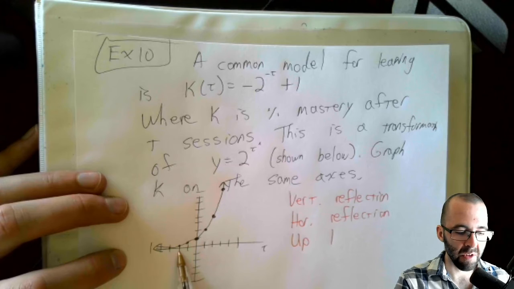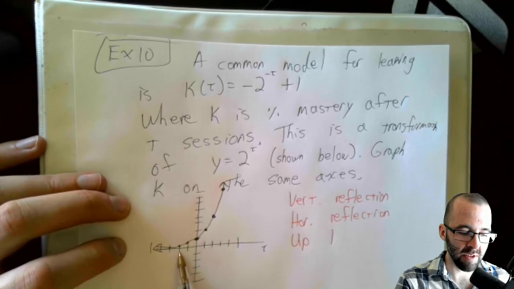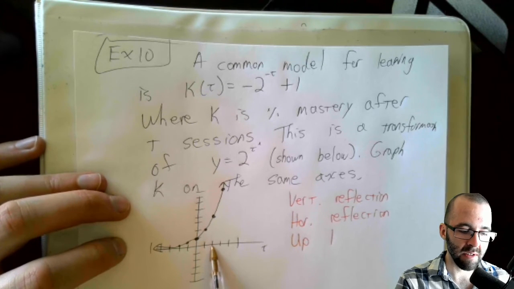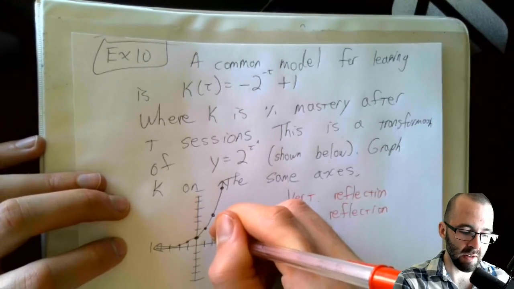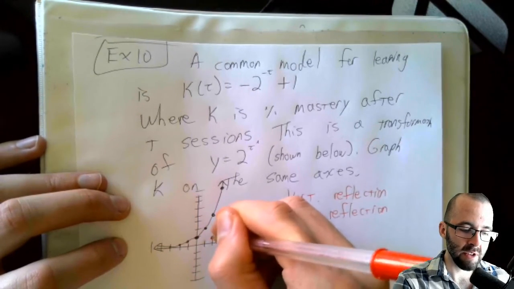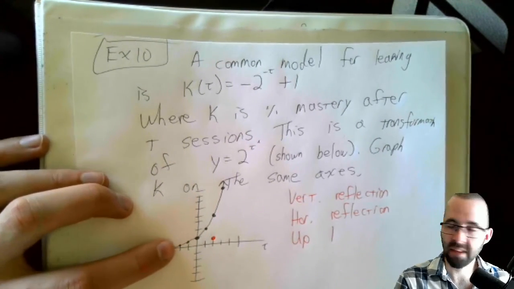We're at -1/4. And then there's a horizontal reflection, which changes the x-coordinate from -2 to +2. Now we're at 2, -1/4. Then we move it up 1 unit. So it becomes 3/4.